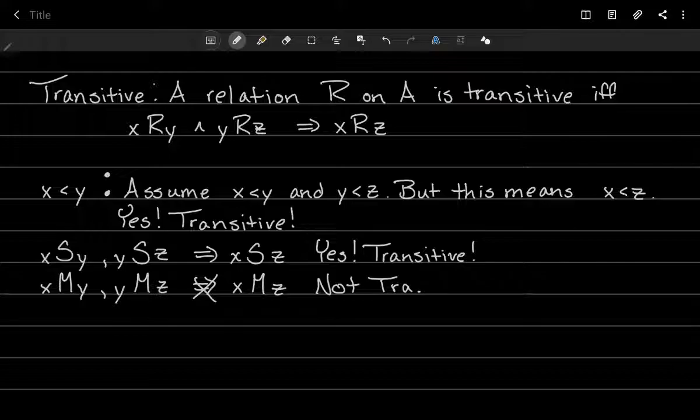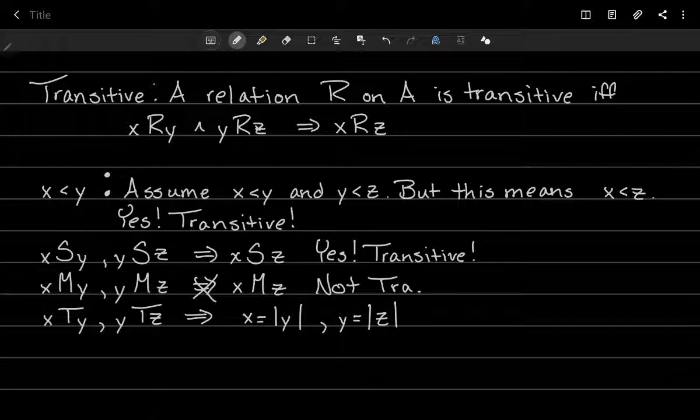I'm going to start abbreviating. Okay, so we did that one. Now we're on t. So let's assume x is related to y via t, and y is related to z via t. Wait, what did t mean? That would mean x equals the absolute value of y, and y equals the absolute value of z.